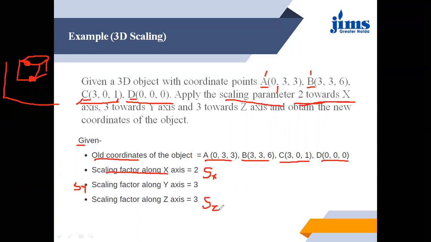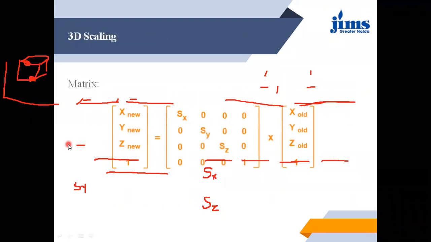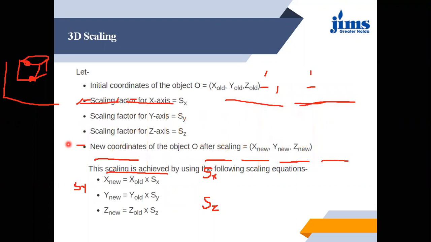These values are given to us and we have to find the new coordinates of points A, B, C and D. We have to use the equations we studied earlier to find the new x, y and z coordinates.